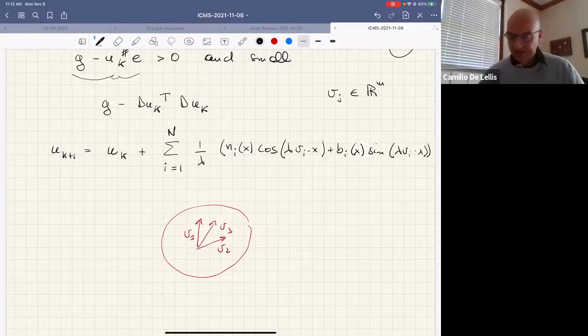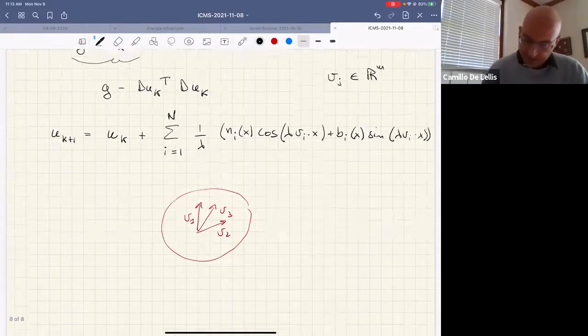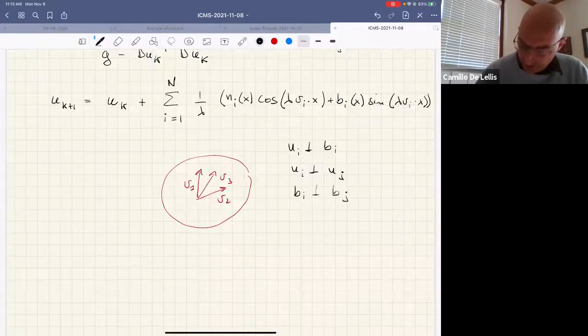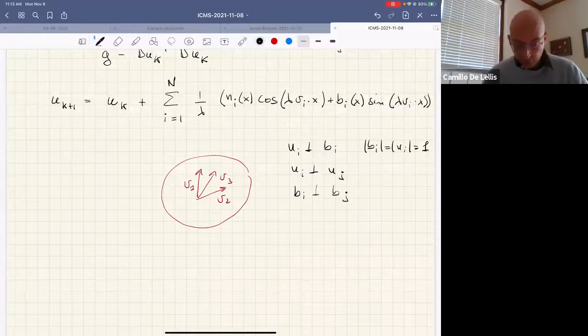Okay, so let me plug in this ansatz. And let me assume, as I said, that Ni is orthogonal to Bi, Ni is orthogonal to Nj, Bi is orthogonal to Bj, and all are units. They are all units. And they are all orthogonal to the tangent space to the immersion of my omega, uk.